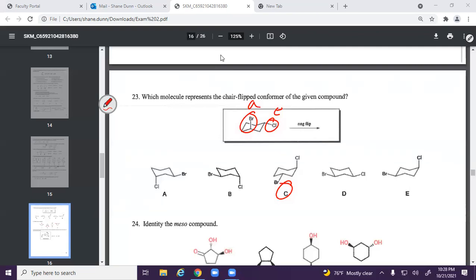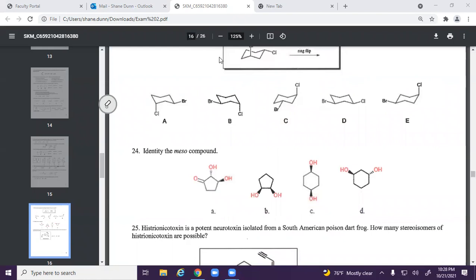For some reason, he says B. I don't see it. I see C.